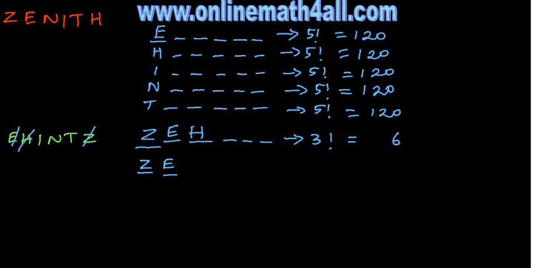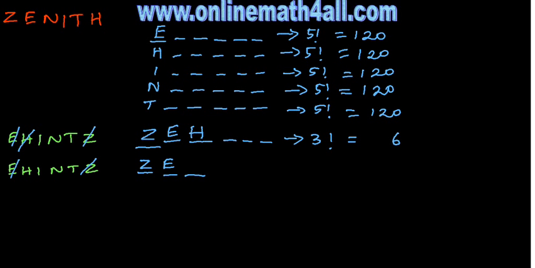Now I move to the third place. We have 6 letters E, H, I, N, T, Z. The first 2 places have been filled with the letters Z and E. We have 4 letters remaining, and the third place is to be filled with one of the remaining 4 letters in alphabetical order.